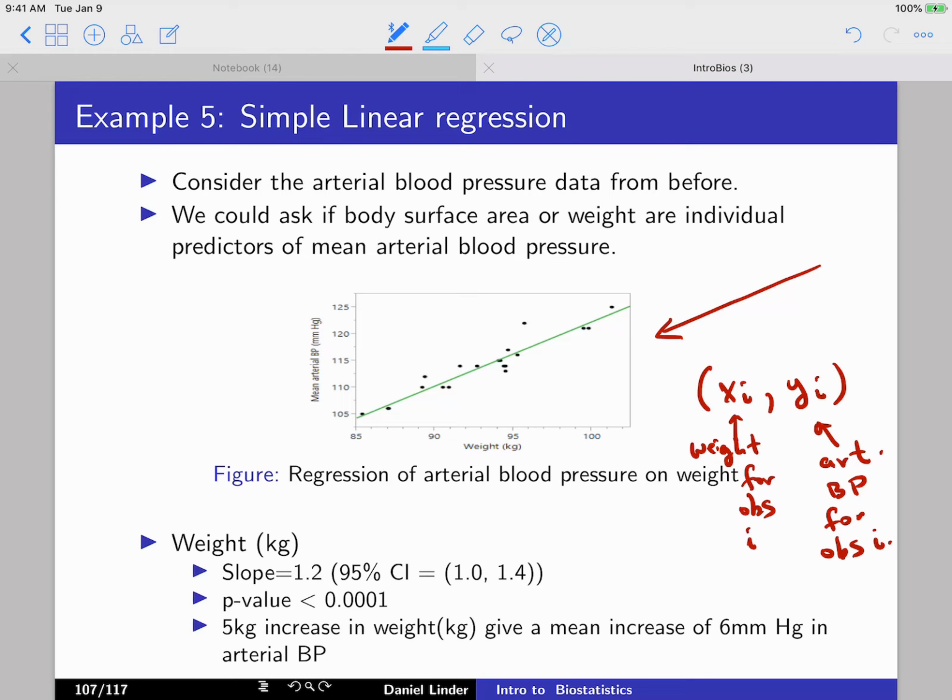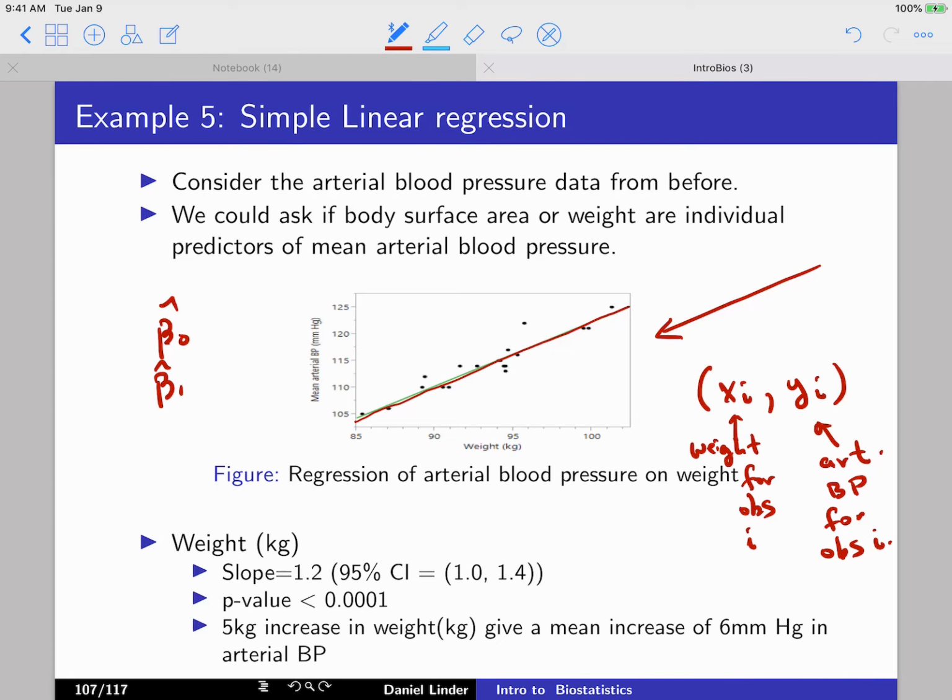What this green line is, is the fitted line. It's the line that we get from doing the least squares estimation that I mentioned on the previous slide in order to find beta naught hat and beta 1 hat. So this line is essentially the best line that we can find that fits through this cloud of data points, or this set of data points.